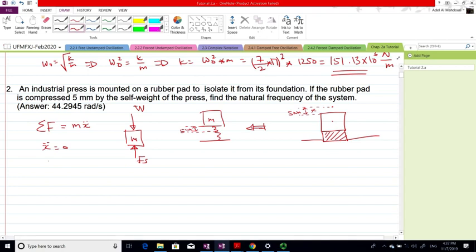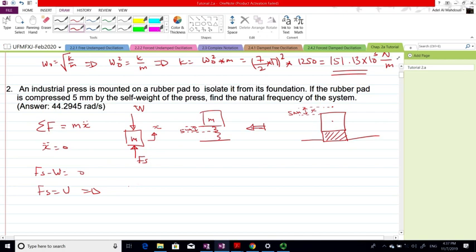Then now we have two forces. Let's put them in the formula of Newton's second law. If we assume this direction is positive, then it will be Fs minus W equal to 0. Fs is the spring force. So Fs should be equal to W, and Fs is what?